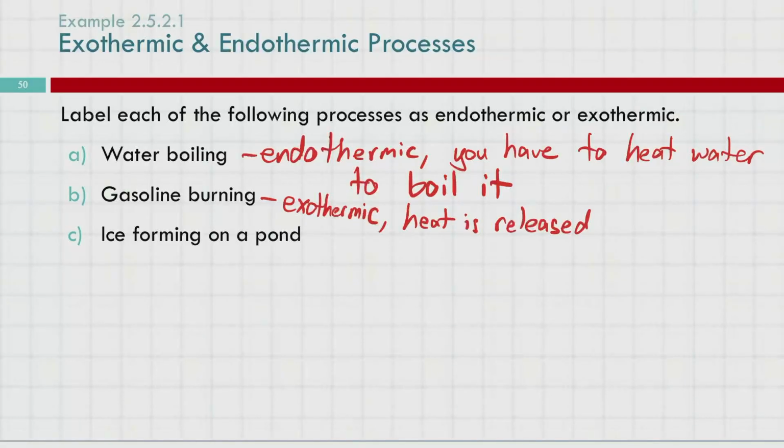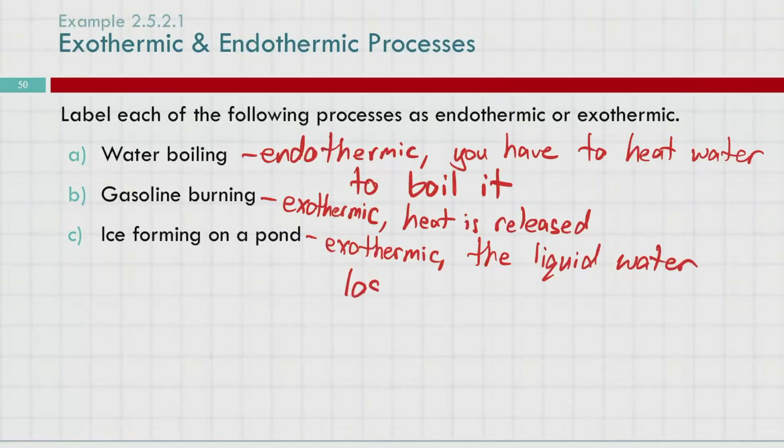So if ice is forming, is the water gaining or losing heat? It's losing heat. So it's exothermic. This one always trips people up. So the liquid water loses heat to become ice.